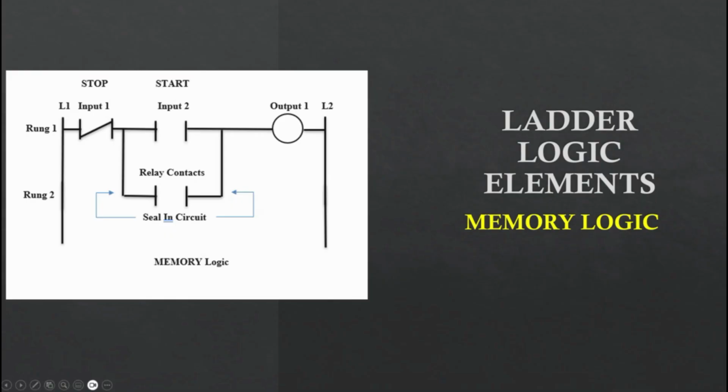So the only thing that will break this circuit once that's sealed in is to hit the stop button, and that will open up the circuit. This is another one that really, until you've actually wired it and have the understanding of how it's wired, is really one you just have to see.